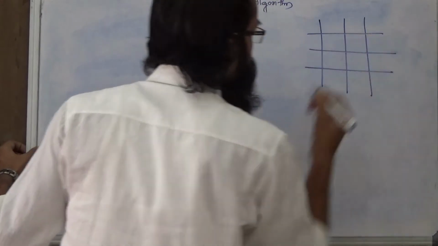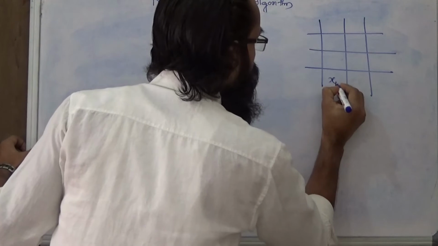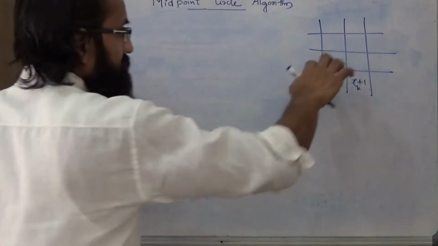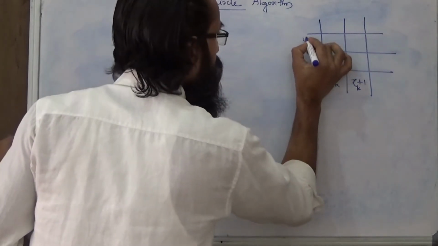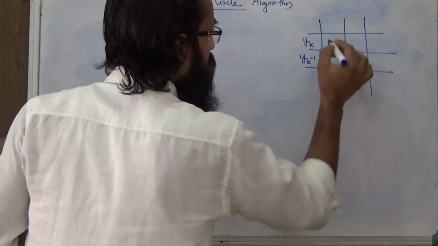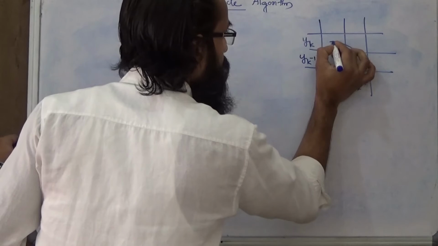So let us consider this situation. Let this column be xk, and this will be xk plus 1. These are the scan lines. Here it will be yk, and this will be yk minus 1. Let this be the circular path.